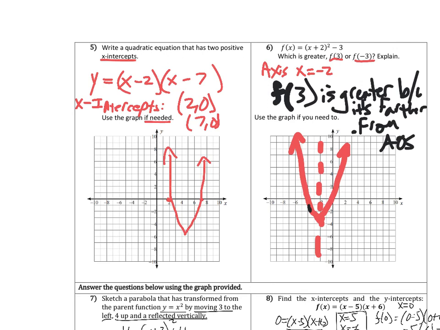We're going to get 5 minus 4 squared, which is 1 squared, which is 1 minus 1, which is 0. So you can see that yes, these are the intercepts of this as well, the x-intercepts. So the moral of the story is g and h are equivalent. So g of x is the same as h of x.